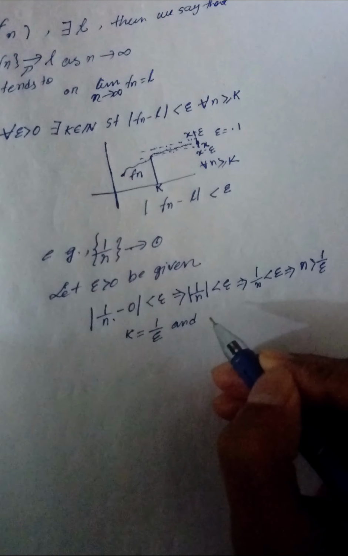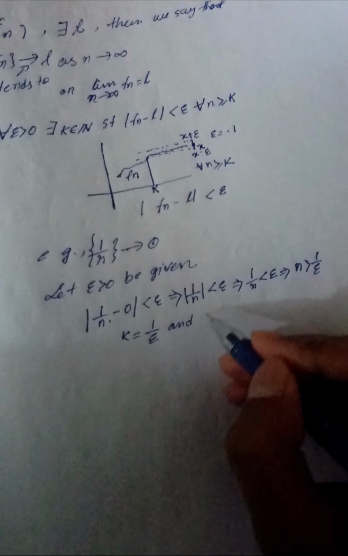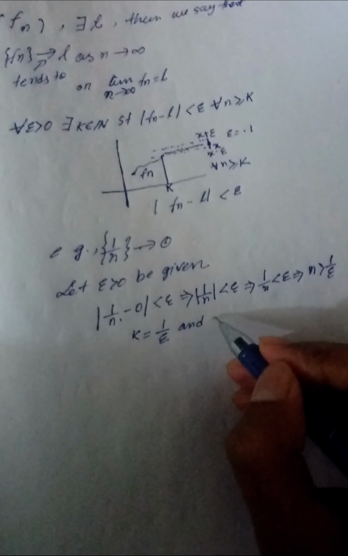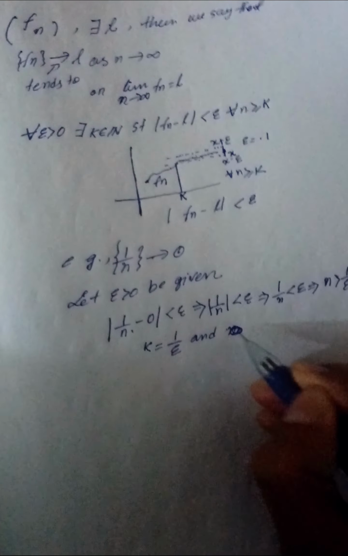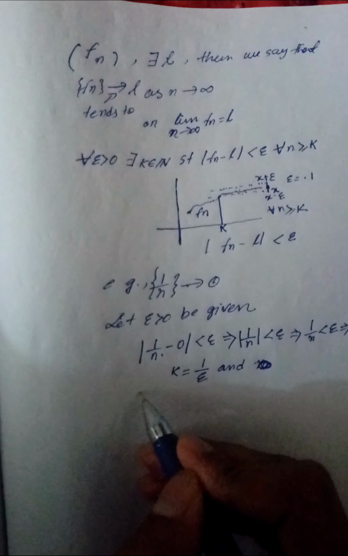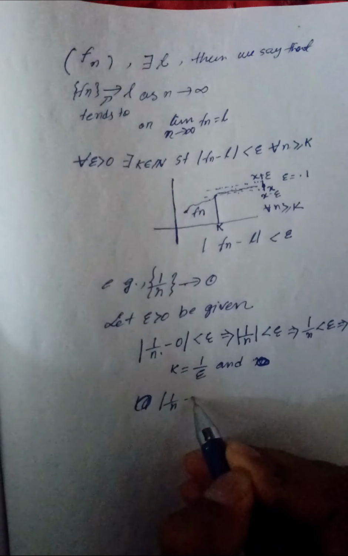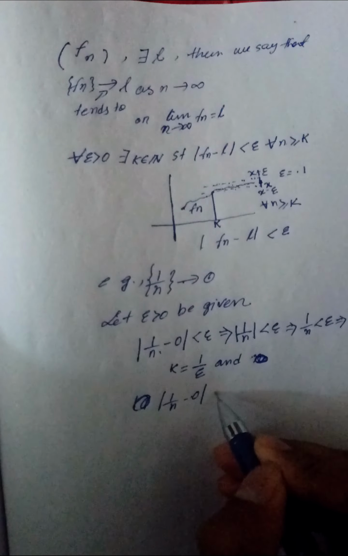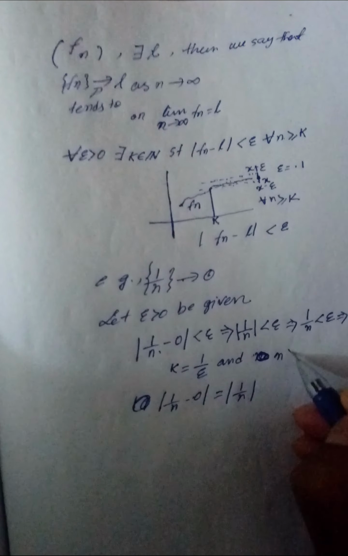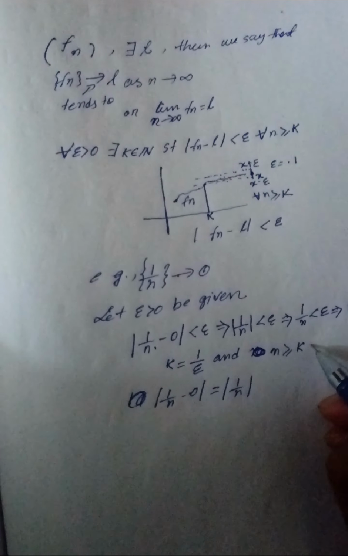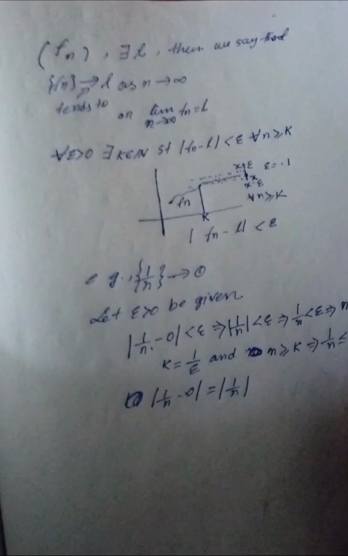and then k is equal to 1 by epsilon, and then 1 by n minus 0 is equal to 1 by n, and we have n greater than or equal to k, and greater than or equal to k means what? 1 by n less than or equal to 1 by k, right?